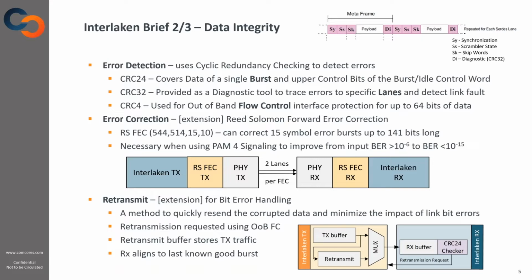And that was a short introduction to the data mapping, and now I'm going to talk about the data integrity aspect. And this is a very big part of Interlaken.